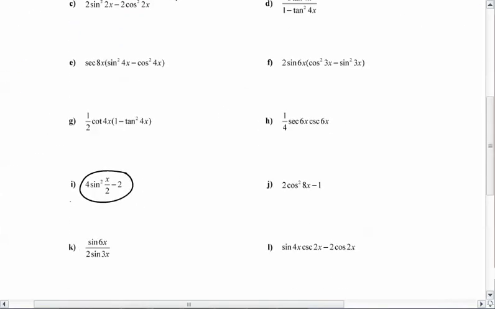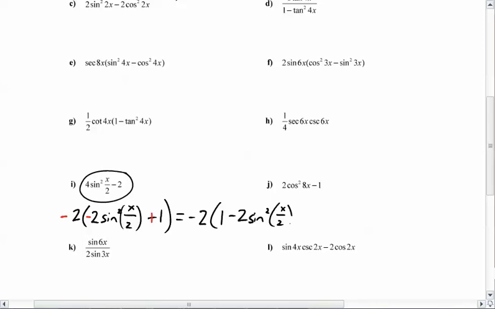If I took out a 2, then it would be 2 sine squared theta minus 1. So it's very close. It's just kind of backwards. If I took out a negative sign, then I would get 1 minus 2 sine squared theta. So I'm trying to create the formulas that I know by factoring out terms in the expressions that I'm given.